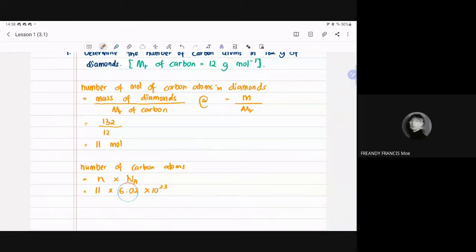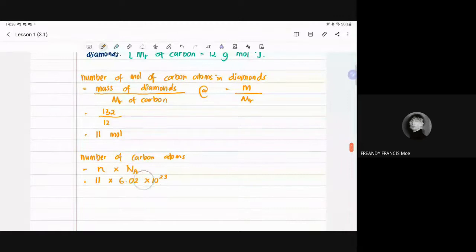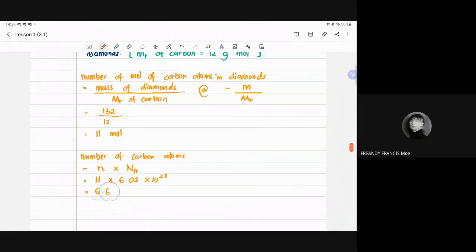This number right here is given dalam exam. It is given in the RAM table tu. You are also given with this one. Okay, so later today I will give you again, ini saya upload dalam GC. Okay, so for now you just have to memorize. Tapi tak hafal pun tak apa sebenarnya. But it's better to hafal lah. 6.02 times 10 to the 23. So from here you will get 6.62 times 10 to the power of 24 carbon atoms.